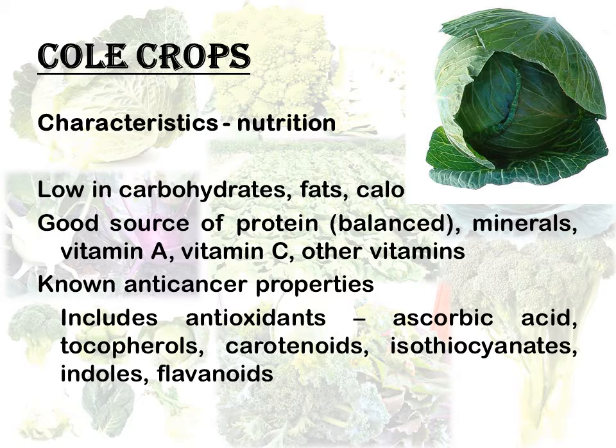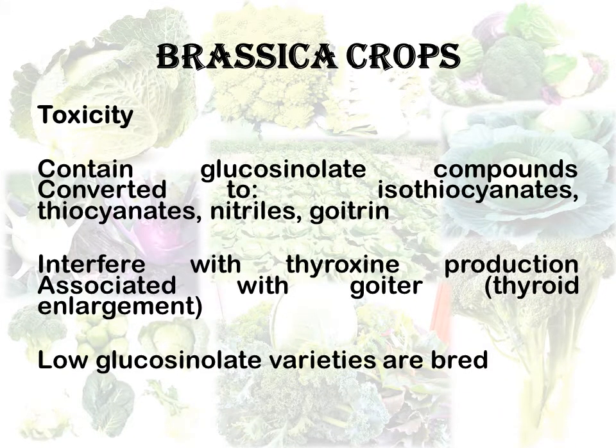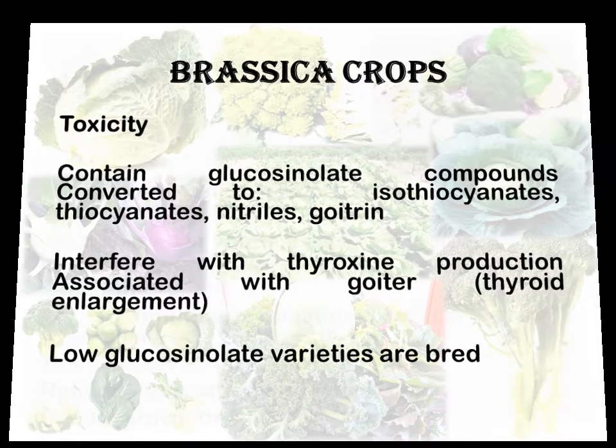So these cole crops contain all kinds of minerals and vitamins. Now for toxicity, they have some toxic compounds like glucosinolates and isothiocyanates, and low glucosinolate varieties are generally used for breeding.